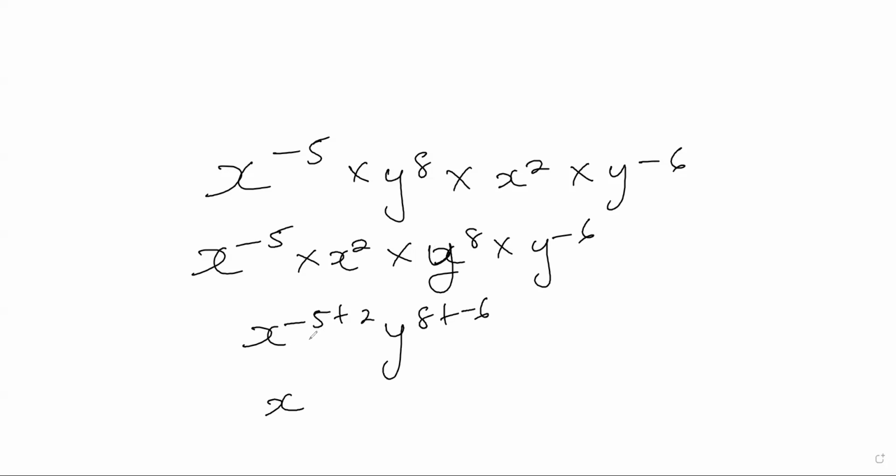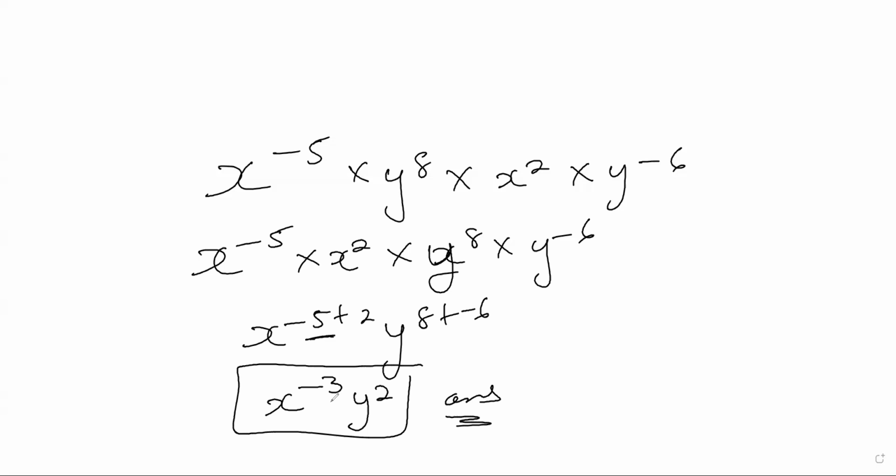So this will work out to negative 3 since the 5 is bigger, and then we have positive 2. So x to the minus 3, y to the second power. This is what you got. Let me just check quickly. Yeah, good job, good job.